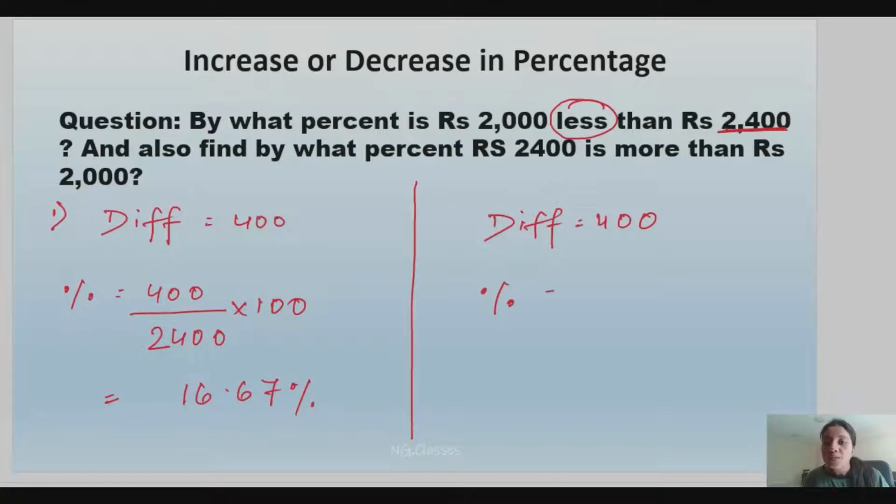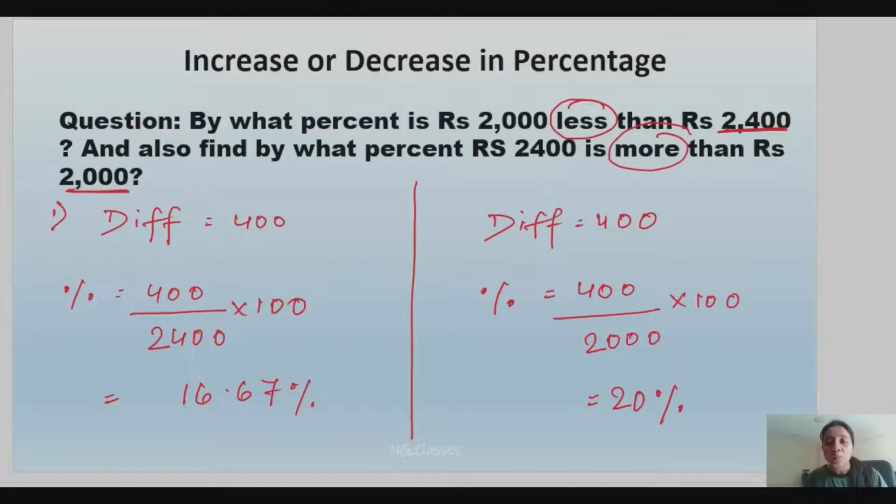So for more percent, in numerator we will write the difference only, that is 400, and in denominator we will write the smaller value. So in between 2400 and 2000, which one is the smaller? Simple, 2000 is the smaller one. We will write here 2000 in the denominator. Now see, here more percentage is asked, so I have taken the smaller value, the lesser value. And here we will get 20%.